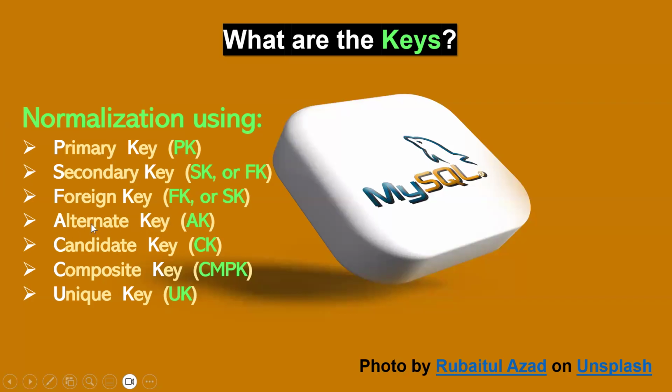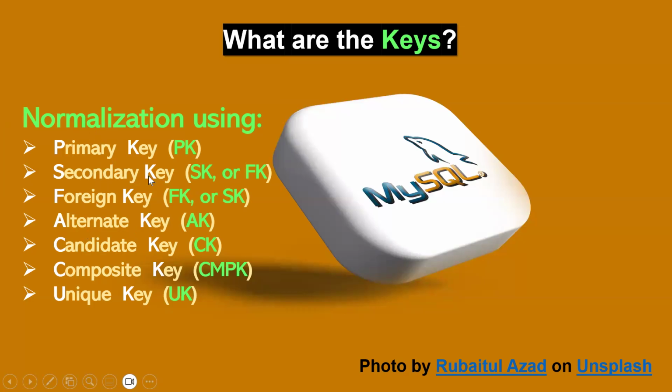That's why they call it alternate. All the columns are candidates to be a primary key, but once you choose which one is the primary key, every other key becomes an alternate key. So: candidate, alternate, and primary key.